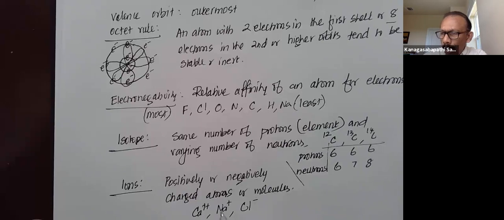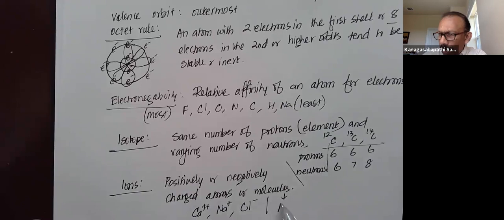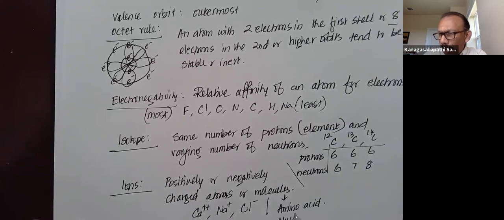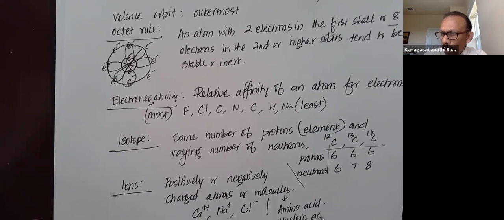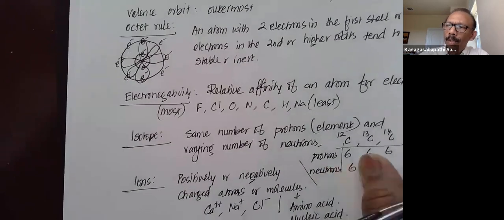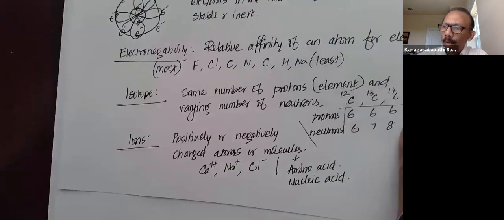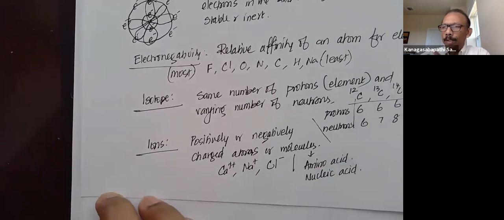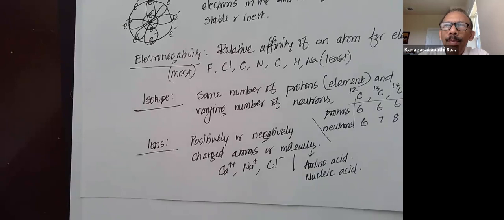Molecules can be an amino acid that can be charged, or a nucleic acid that can be charged. So that's all the negative and positively charged. You need to understand the basic terminology in chemistry. Everybody good so far? Any question up to this point?